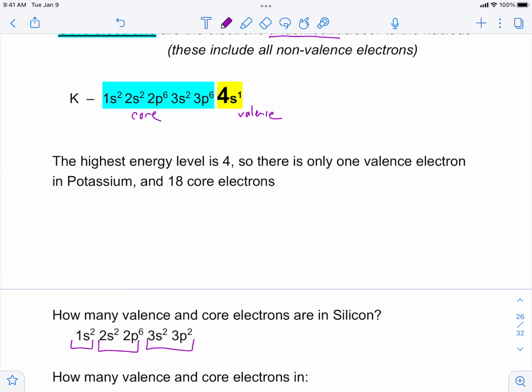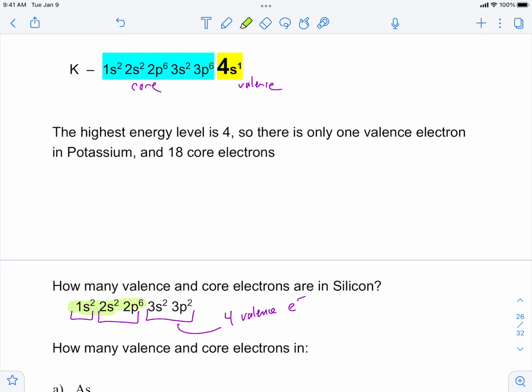What is the highest? 3. How many electrons are in the highest level? The highest level meaning both 3s and 3p combined. Right, 4. So 4 valence electrons. And that means the rest, these guys, are considered the core. So 10 core electrons.